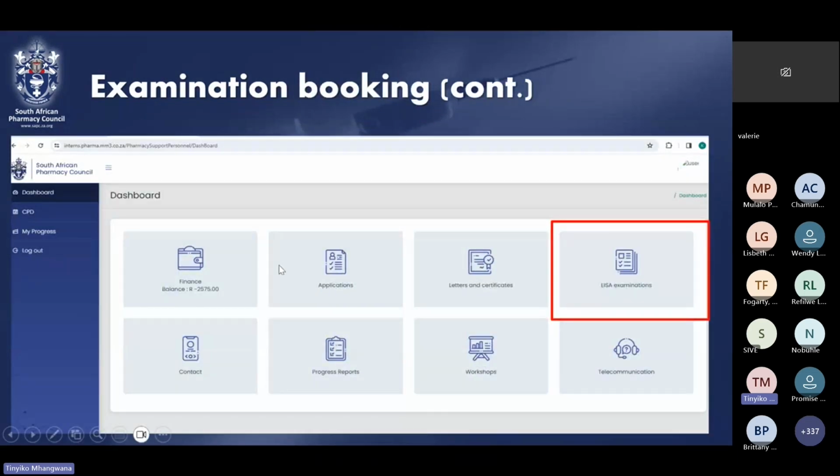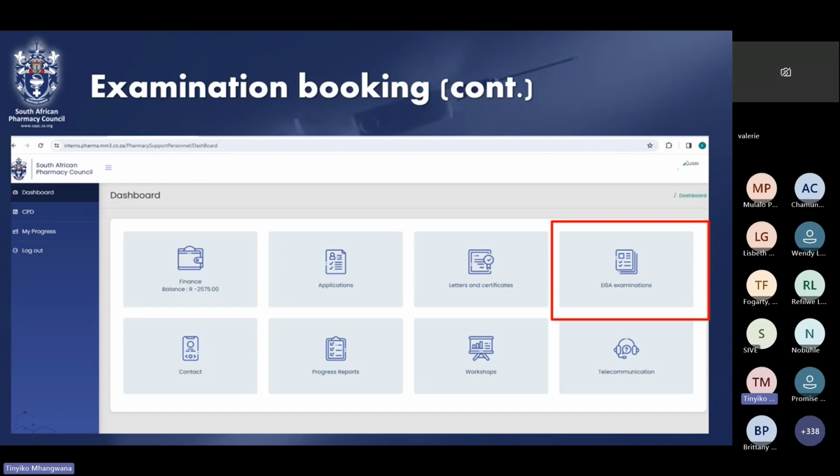Then when you have logged into the Pharmacy Council website, like most of you have been playing around, I've seen the bookings are high. You go to the registered person. When you've clicked on registered person, you will be able to see the learner student trainee tab.